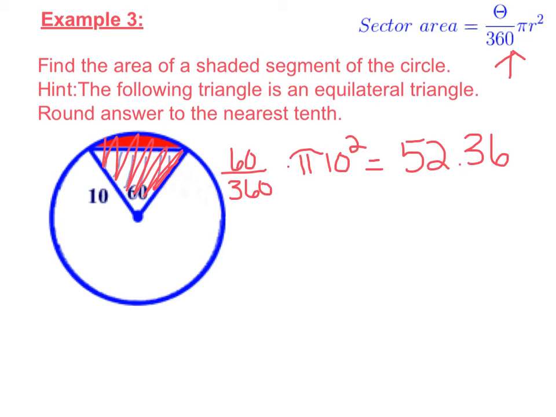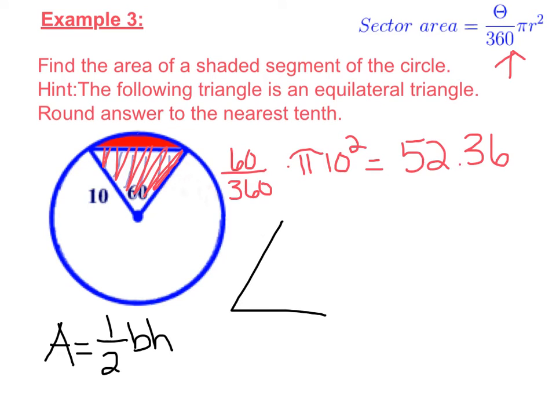Now we need to find the area of the triangle. Okay, so the area of the triangle, you need to remember that the formula is 1/2 base times height. Okay, so let's pull the triangle out. Okay, so we know it's an equilateral triangle, so 10, 10, 10.